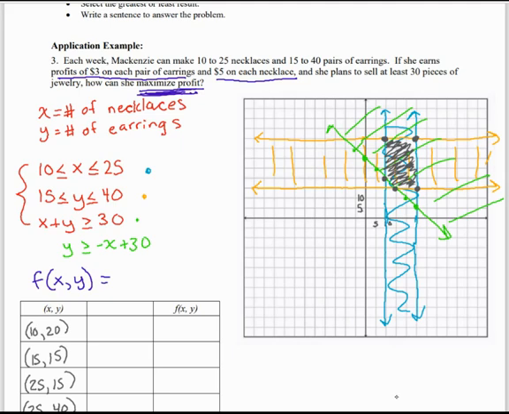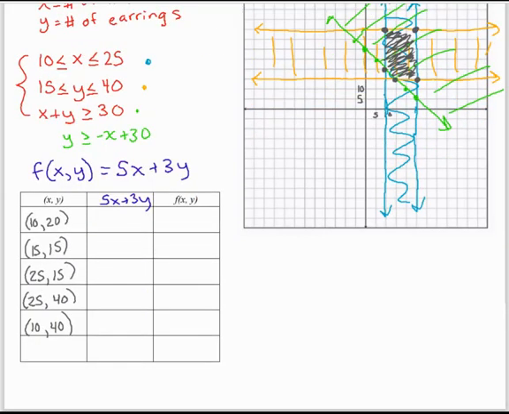Well, X is my necklace, so I'll have 5X and 3Y. So my function I'll use is 5X plus 3Y. So I'll write that into my chart. And now we plug all of our points in and simplify. So 5 times 10 plus 3 times 20, and so forth. We'll keep on going.